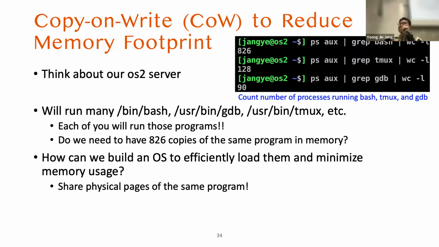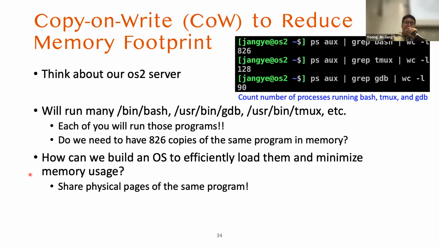In the lecture, I explained that although we are using Google Chrome and opening 80, 90 tabs, we do not have the Google Chrome binary 80, 90 times because we share it. This is the mechanism by which we can share the memory and reduce the memory footprint. The important concept is that we are running the same program, so let's share the same part across all the processes, but specialize just the changed part.